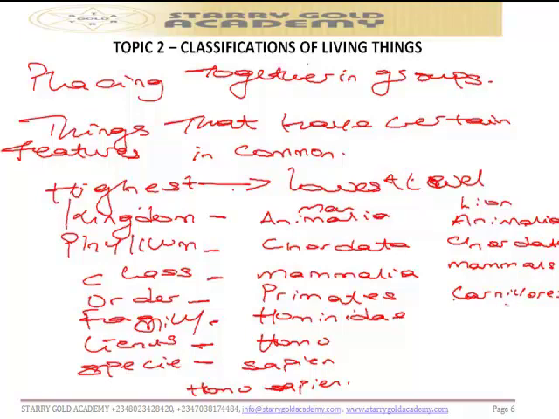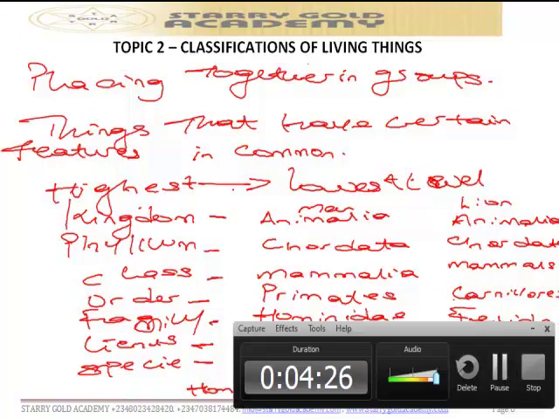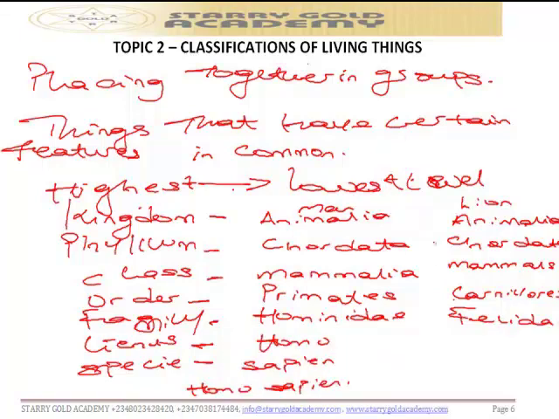Right? So they belong to family Felidae, and the genus Panthera, and the species name is Leo. Right? So that's why we call lions Panthera leo.